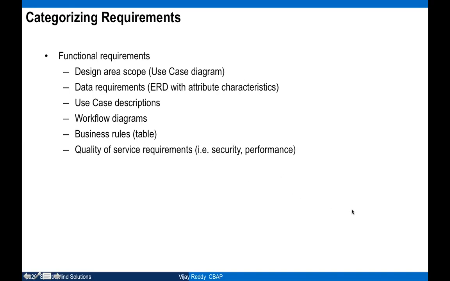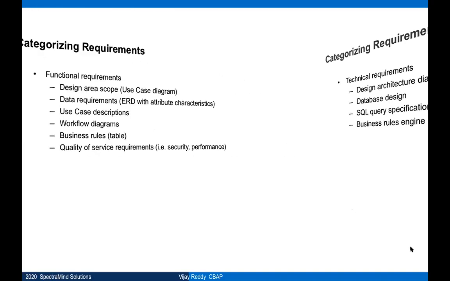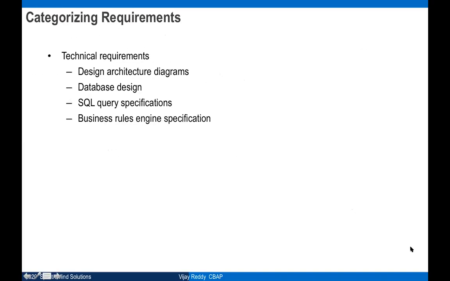All these are also part of this requirements document. And technical requirements are mainly database design, SQL query, business rule engine, all these are part of technical requirements. These are developed by developers.